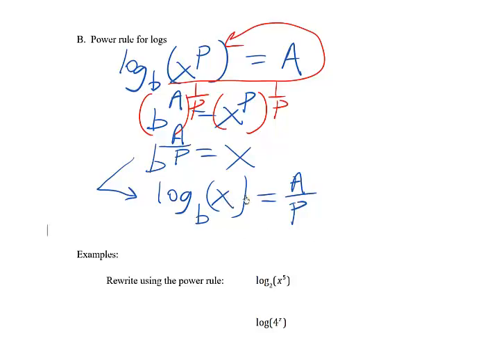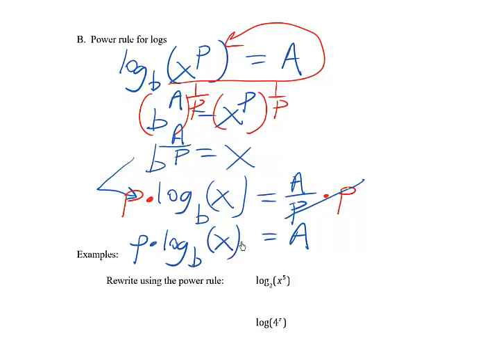Lastly, I would like to solve this statement now for a. Remember, a is what I was really interested in learning about. I can do that by simply multiplying both sides by p. And I end up with a on the right and p times log base b of x on the left.